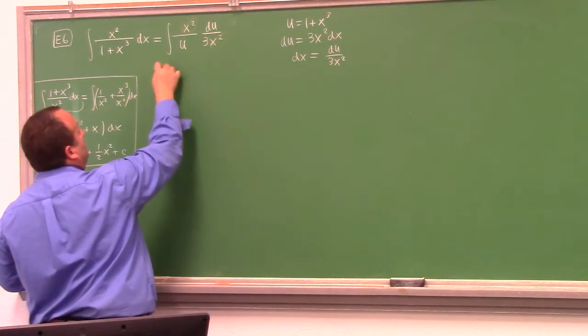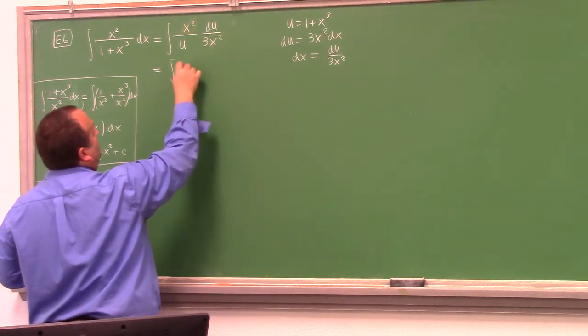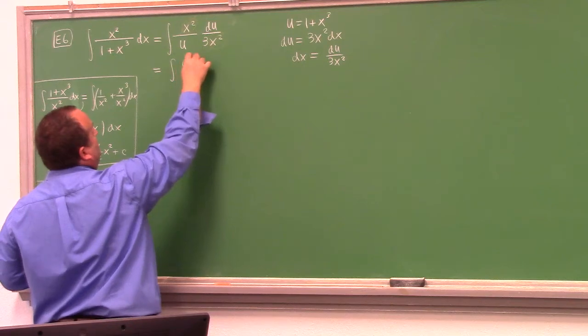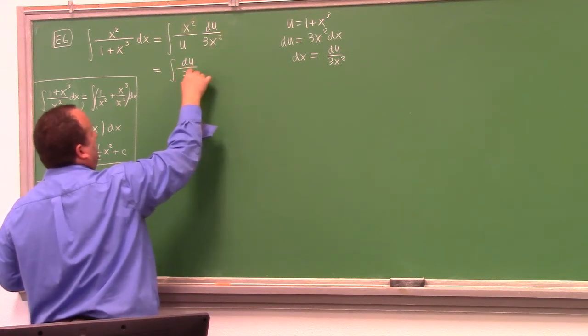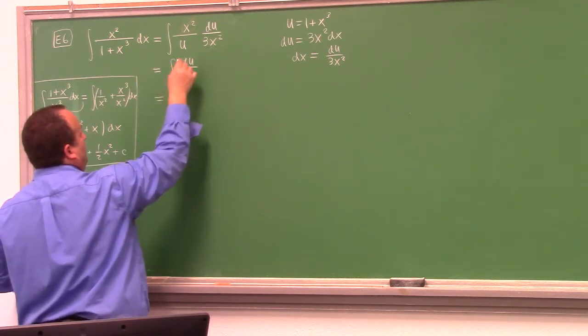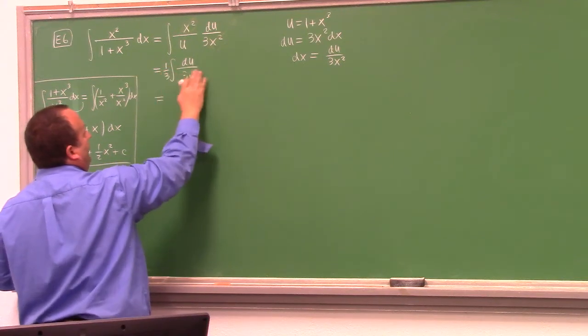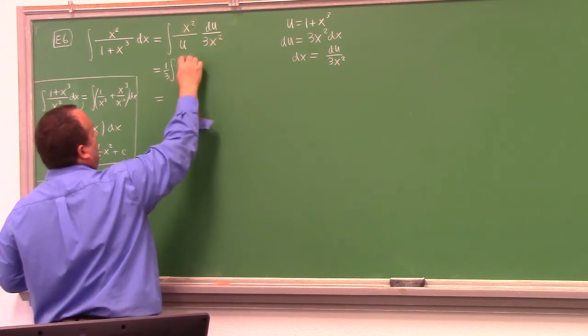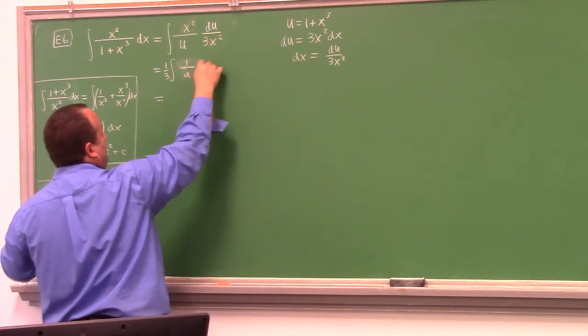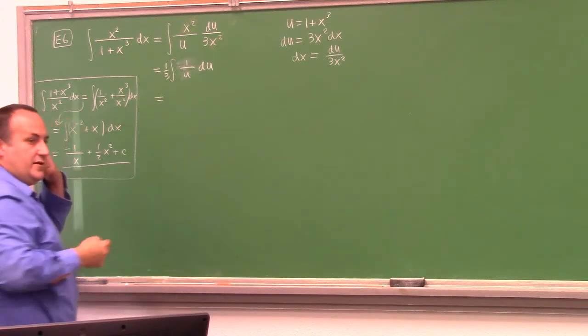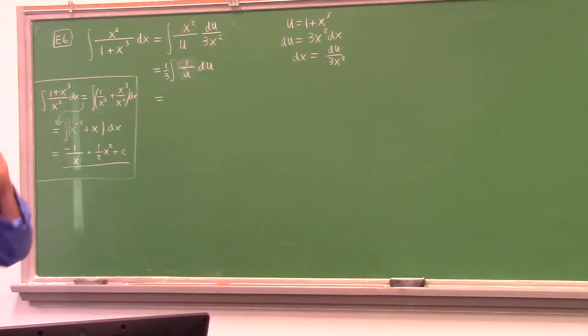Integral of du over 3u. What's that? I can pull the third out, right? So it's 1/3 integral of 1 over u du, if you like. What's the integral of the reciprocal function? Something we need to learn.